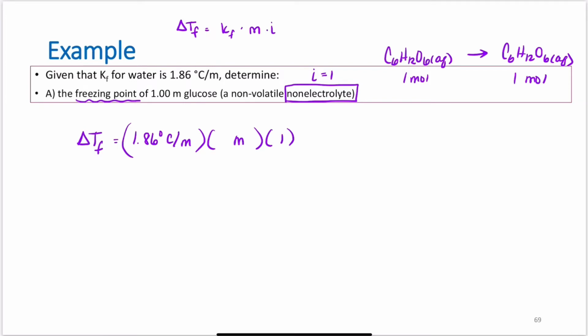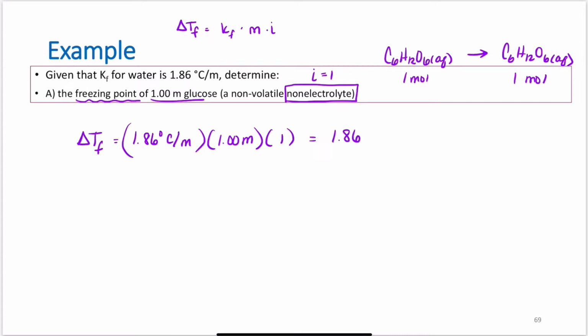What's the molality? Well, in this one, it actually tells me the molality. I don't even have to calculate it. It tells me it's 1.00 molal. So I have 1.86 times 1 times 1. The calculator tells me 1.86.